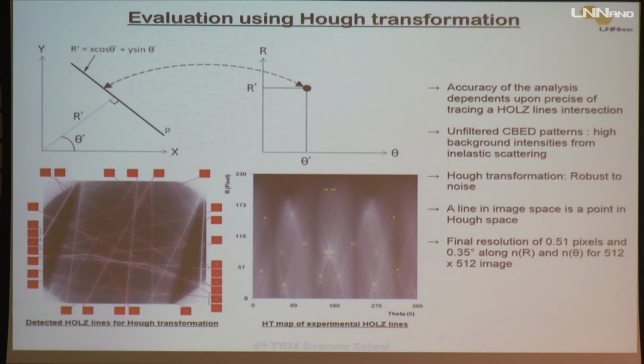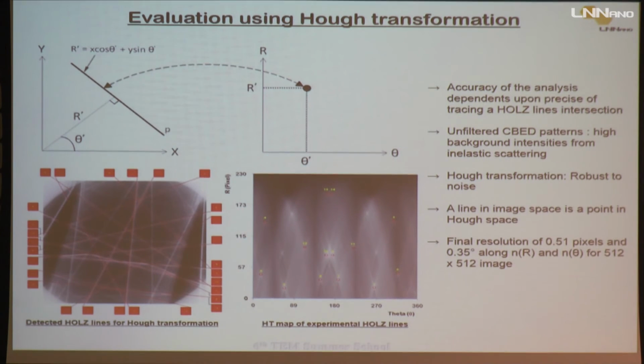To understand this shift, I tried to use the Hough transformation, because we need to identify the shift very precisely, and as these patterns were acquired from unfiltered CBD patterns, there is a lot of noise. So a Hough transformation can be a little better for identifying a spot and determining the distance between the two intersection points.